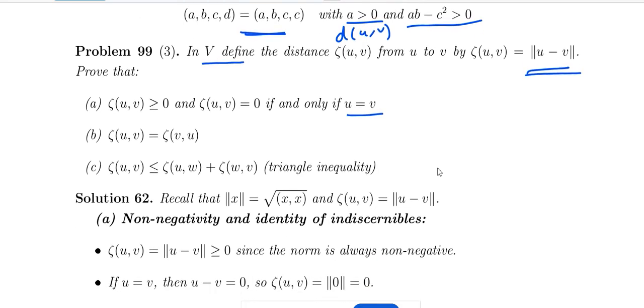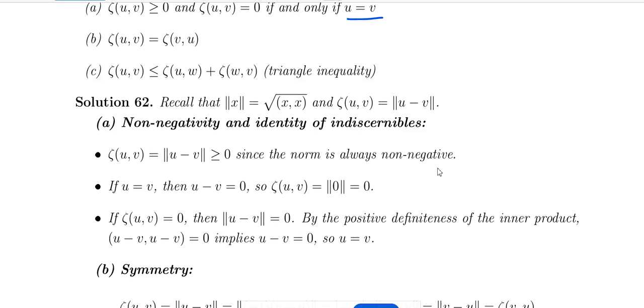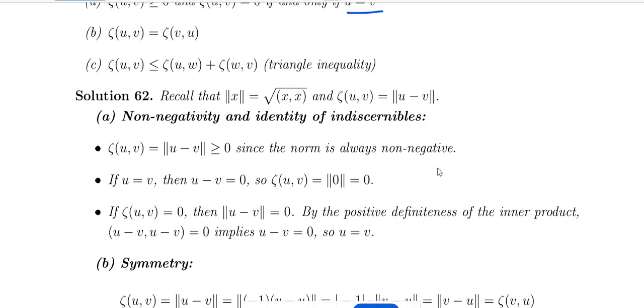Triangle inequality is true. And we can prove this very easily, with the norm of x equal to root of inner product of x comma x, and distance of u comma v is norm of u minus v. The first one, non-negativity and identity: norm means distance, and it is always non-negative.